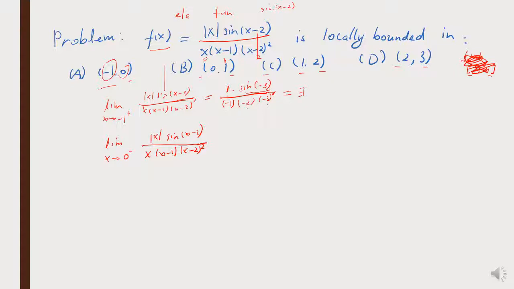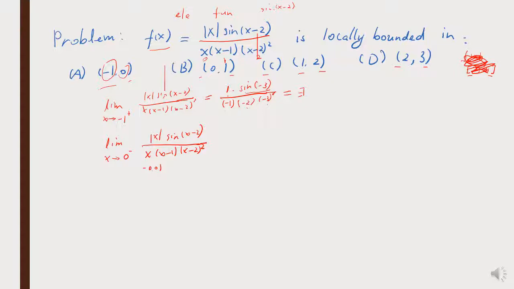It is approaching 0 from the left, for example x equals -0.01. It is very small, very close to 0, approaching 0 from the left.